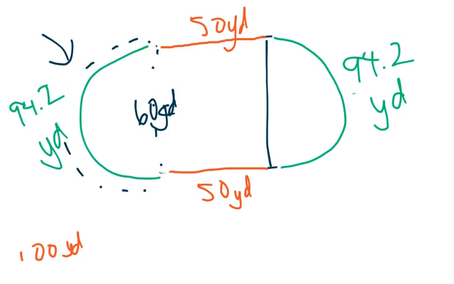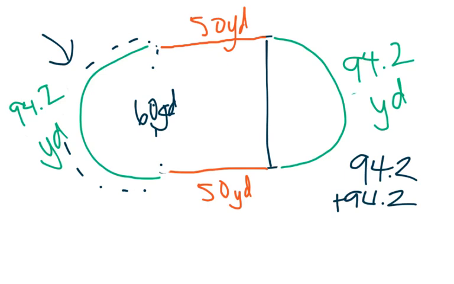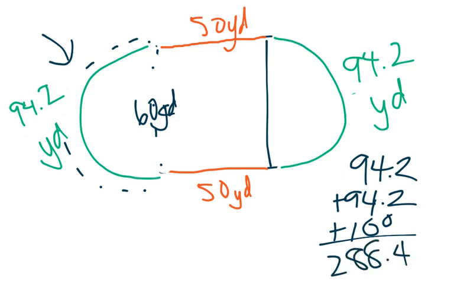So now it's not only 100 yards, it is 94.2 plus 94.2 plus 100. Okay, so whatever that is, that's going to be the distance around that shape. So it's 288.4 yards.